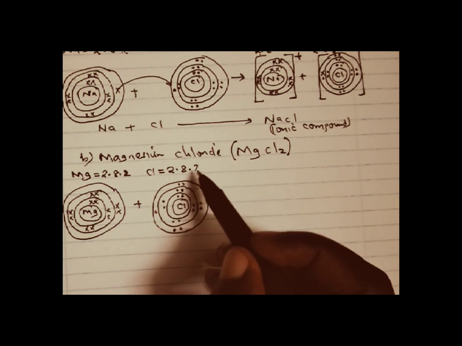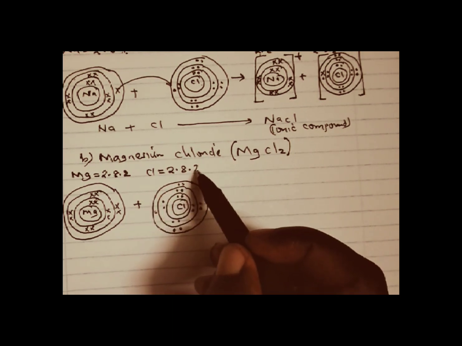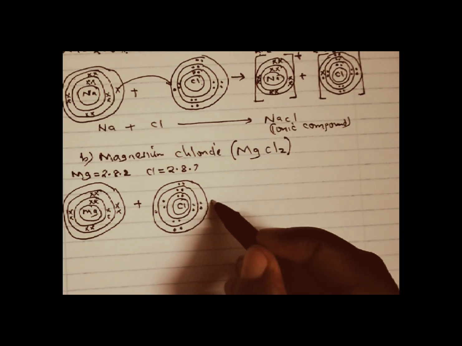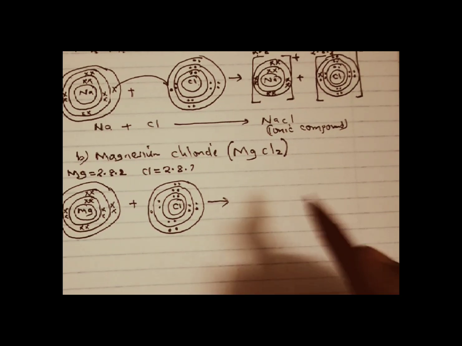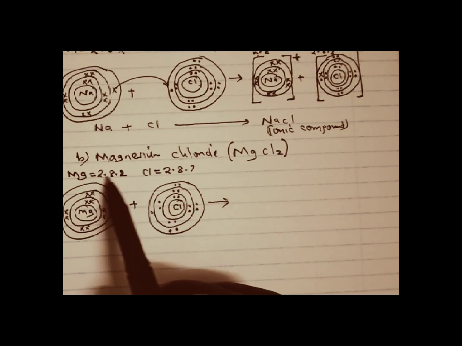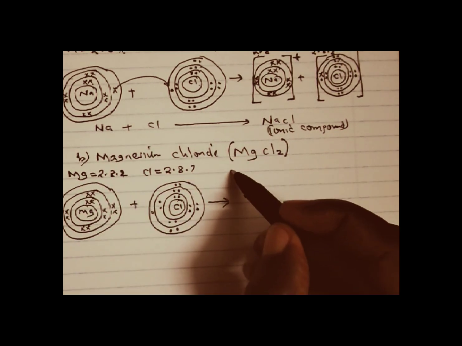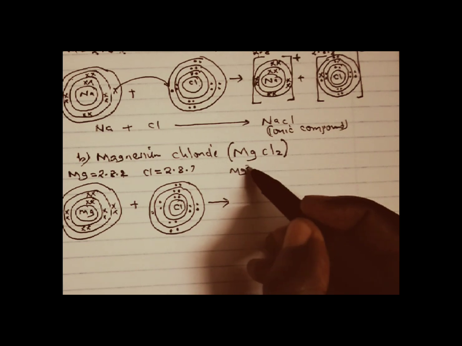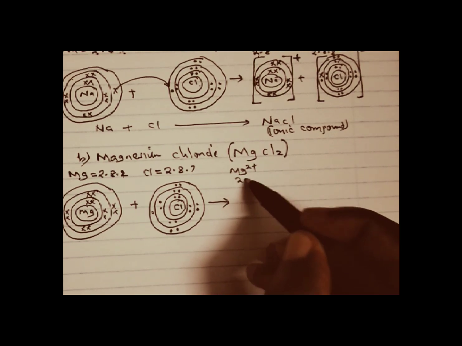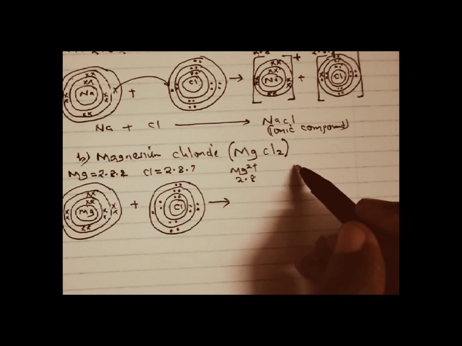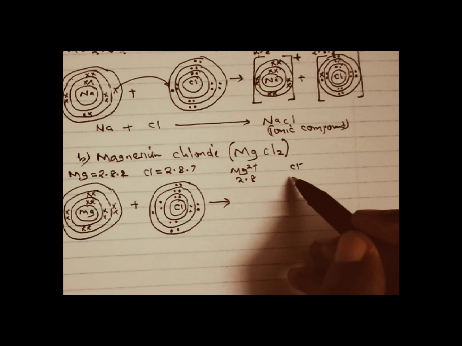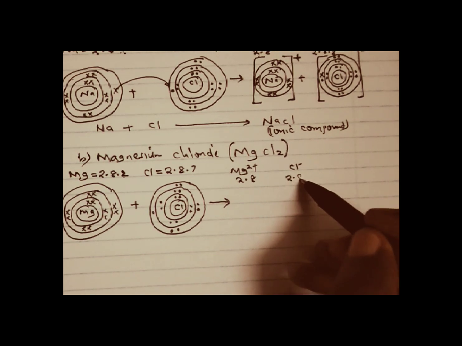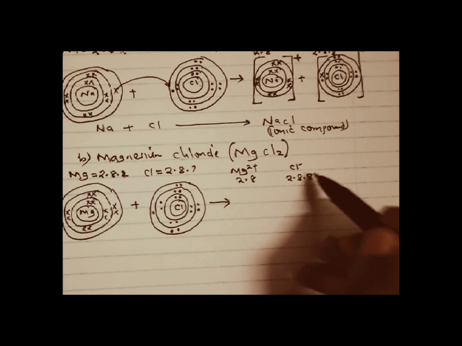But remember, chlorine requires only 1 in order to become stable. We are going now to look at what is going to happen next. Magnesium loses 2 electrons to form magnesium ion with an ionic arrangement of 2,8, and the chlorine is going to gain 1 electron to form chloride ion with an ionic arrangement of 2,8,8.